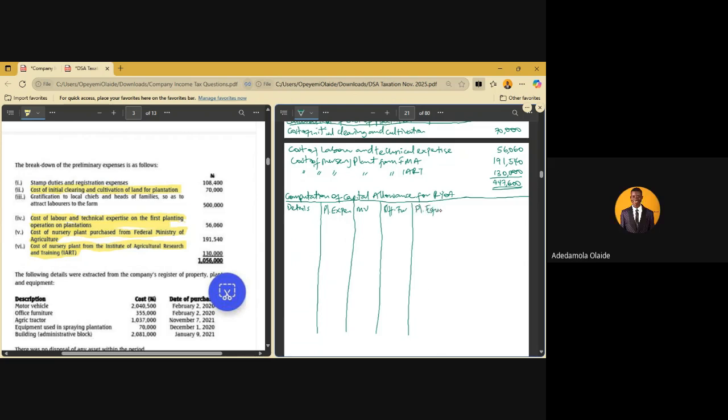We'll come back to agriculture since it falls into the last year. Motor vehicle, building, then the agriculture, and lastly total.